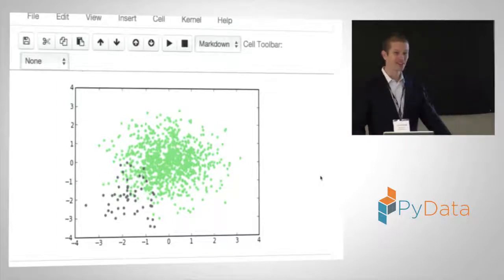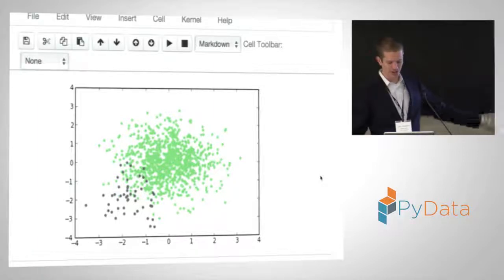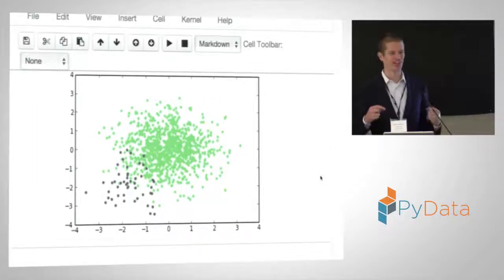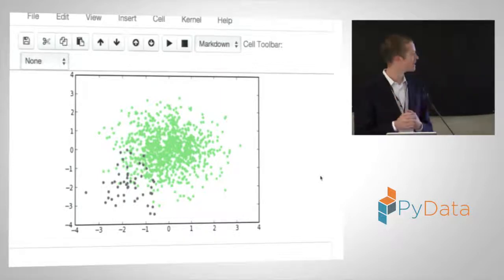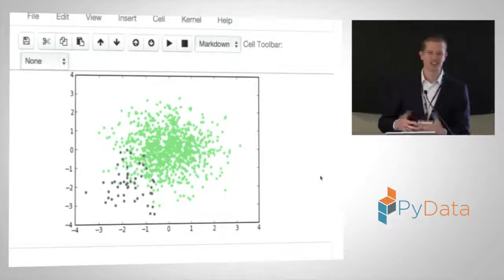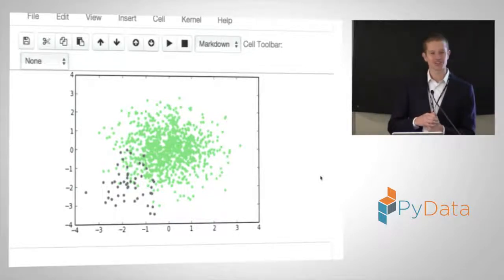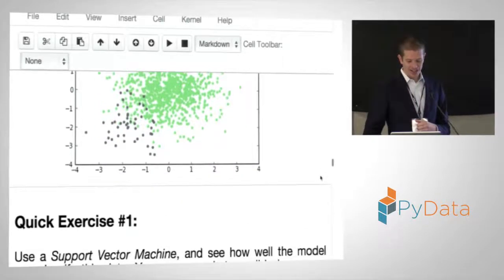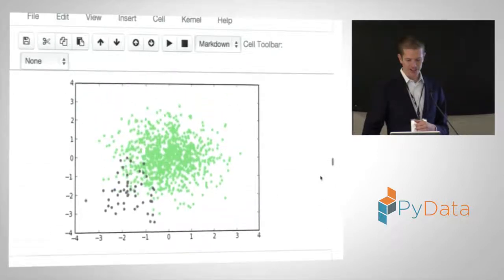And the classification and the validation of algorithms gets a little bit tricky in this case, as we'll see. These gray points are the points that are interesting to us, that we want to be able to find. And the green points are not as interesting. We consider them background.